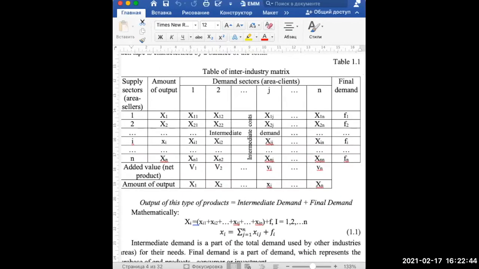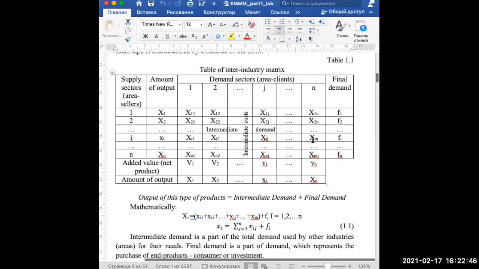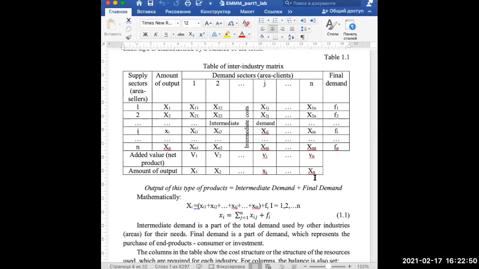So what can we see on this table? Probably I should increase the scale. We can see all the participants of the economy.